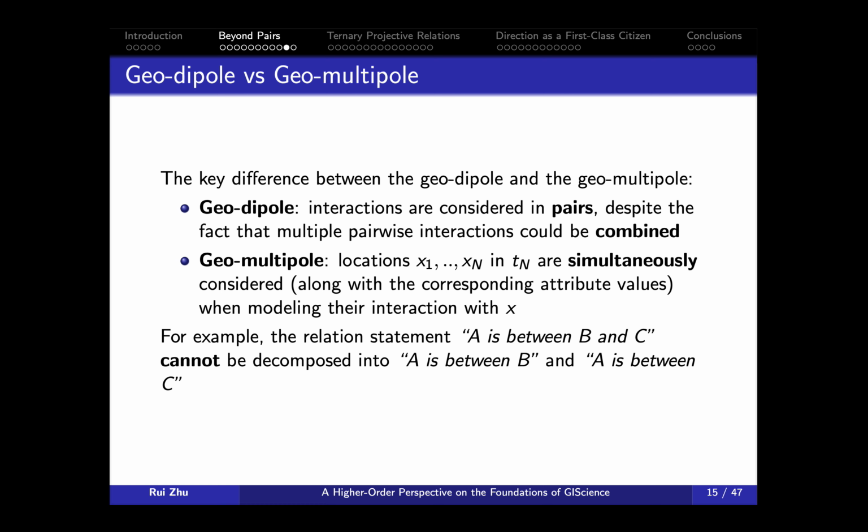Namely, the geo-dipole can only model the higher-order interactions in its broad definition, while geo-multipole focuses on its strict definition, where the interaction or relation cannot be decomposed into a simple combination of pairs. For example, the statement A is between B and C has to be modeled using the geo-multipole rather than the geo-dipole because it cannot be decomposed into pairs such as A is between B and A is between C.